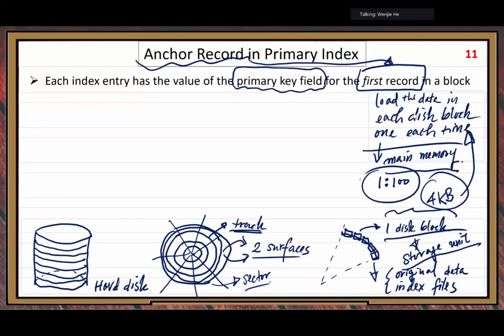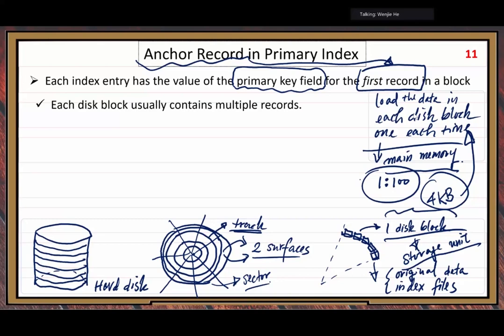We have this background picture in our mind. Then we can continue our discussion. Each disk block usually contains multiple records. I already talked about that. 4 KB, and the size of one record is usually hundreds of bytes.